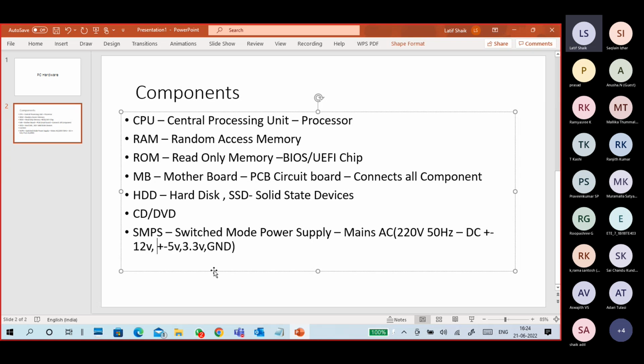These are the DC voltages we are getting. Our AC main supply is like this.